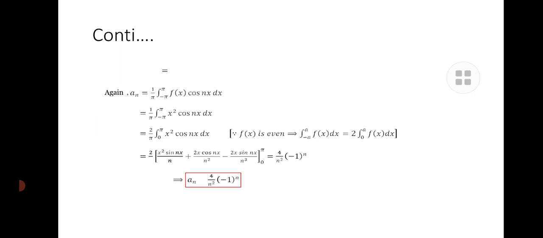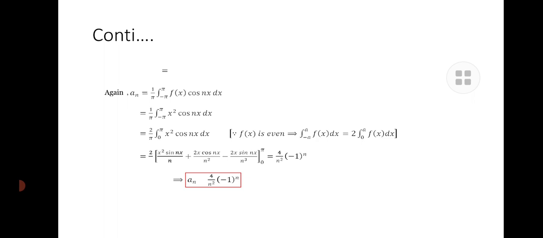Using the formula for the integration by parts rule, that is, the integral of u v dx is equal to u v1 plus u dash v2 plus u double dash v3 minus u triple dash v4 plus and so on. Here u dash, u double dash, u triple dash are the derivatives of the function, and v1, v2, v3, v4 are the integral terms of the second term of the integral.